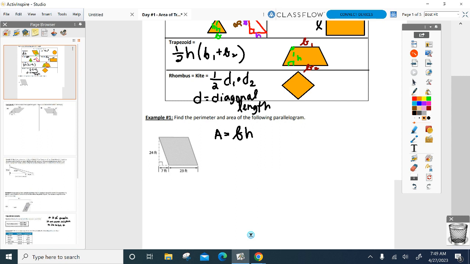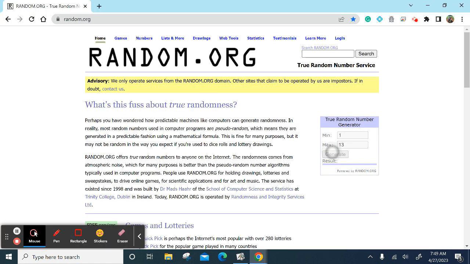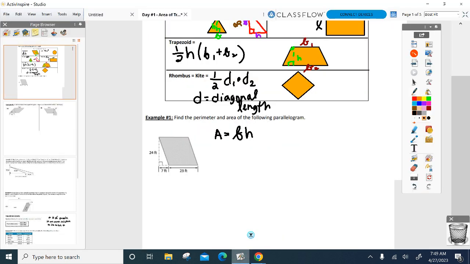Out of those three values, which one's the height? It doesn't have to be inside either. What's my height? 24. Good. So area equals height of 24 times the base. The height is drawn to the base, and it's got to be an actual length on the parallelogram.